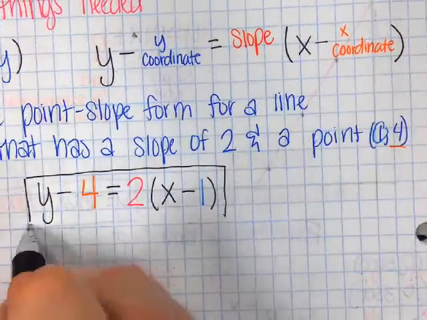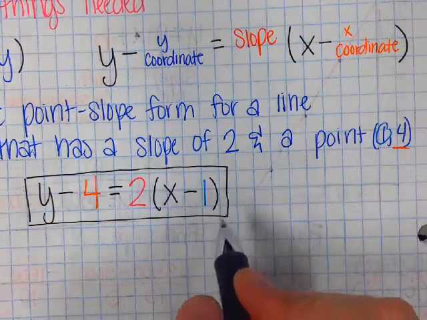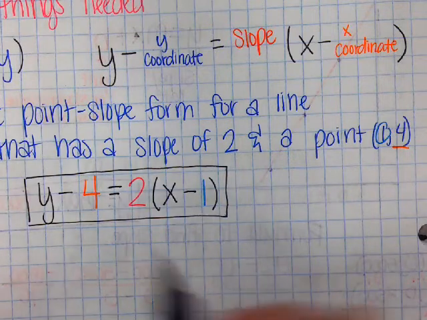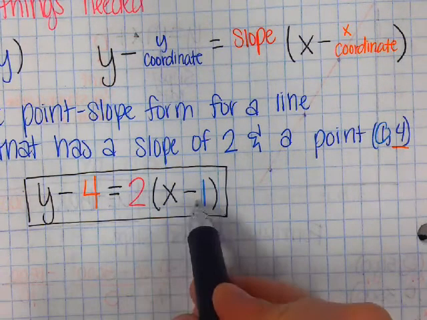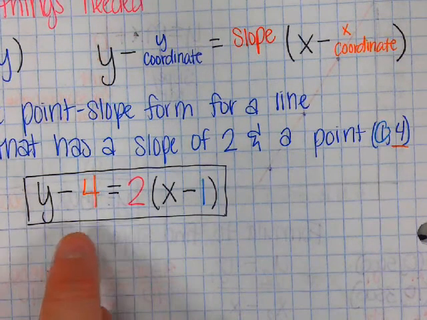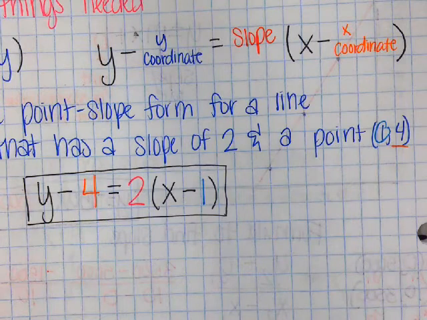Now the reason we do this is because if you can't see your y-intercept on your graph or on the information that they gave you, this is what you can use to find it. So what you're going to do is multiply this out and end up just solving for y.